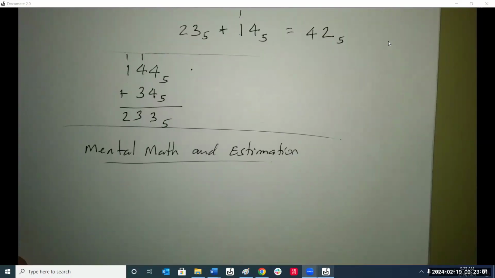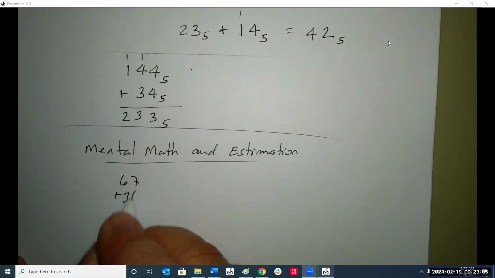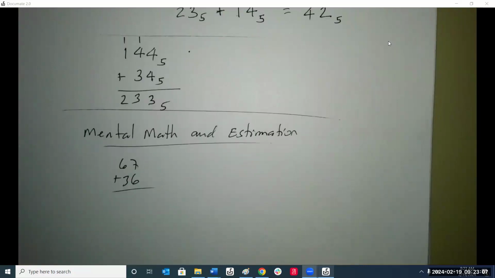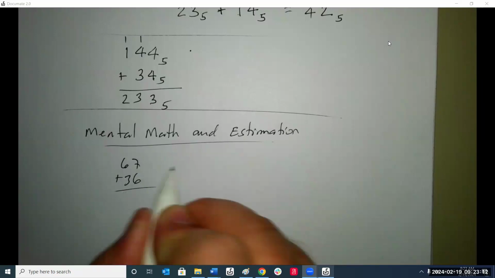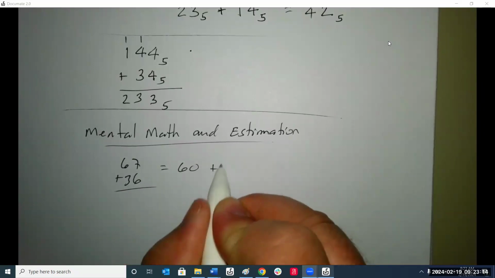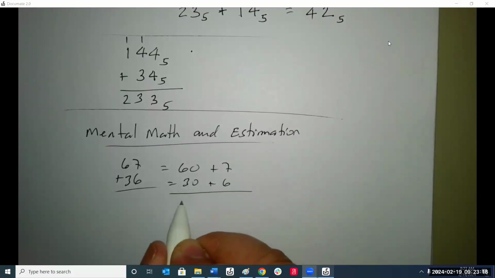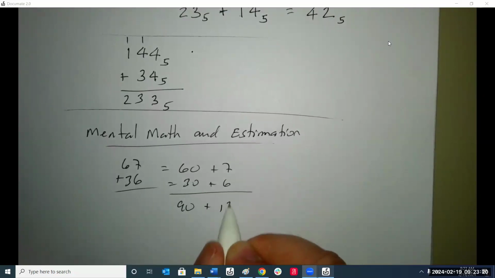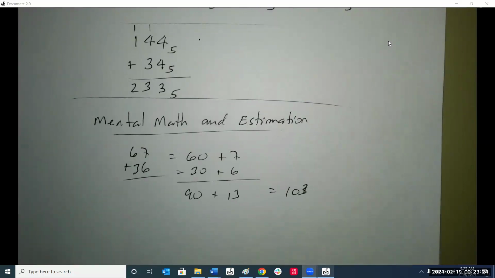use that rounding up. So if we had 67 plus 36, the easiest way to do this is 60 plus 7, 30 plus 6. So we know we have 90, which is 103.